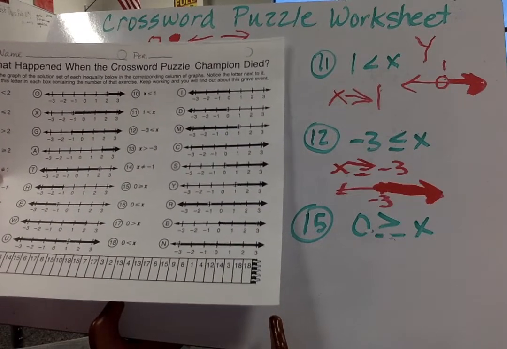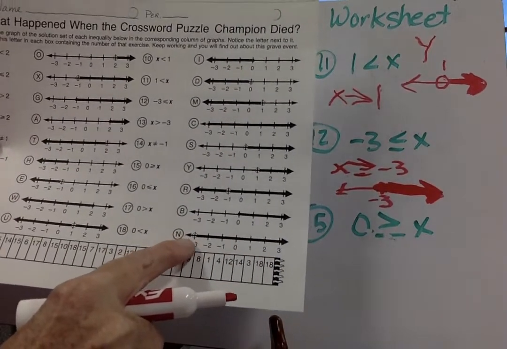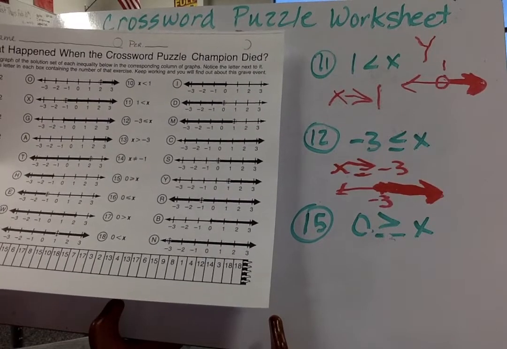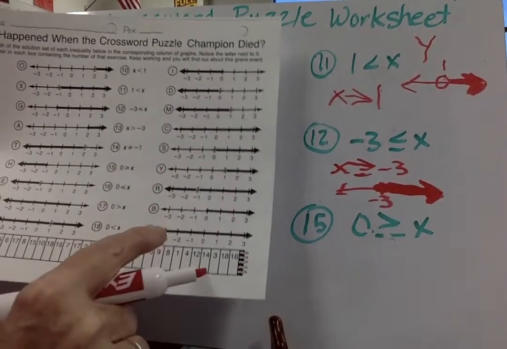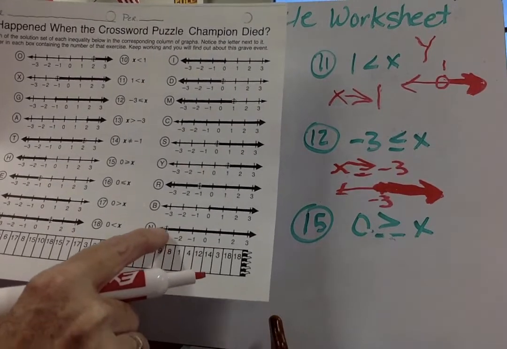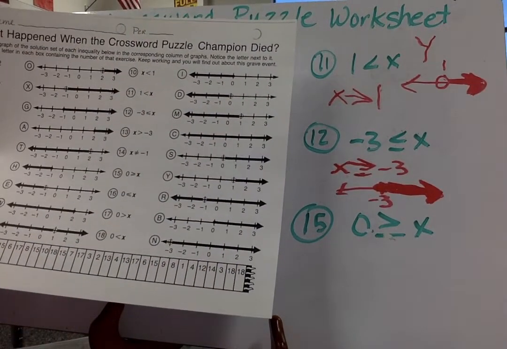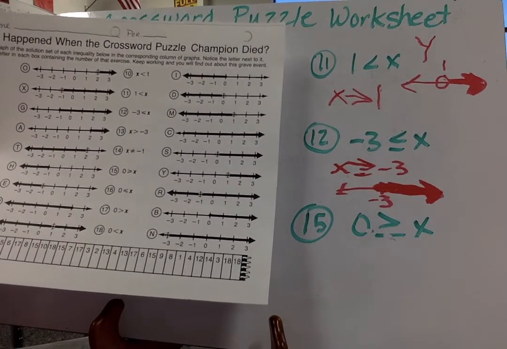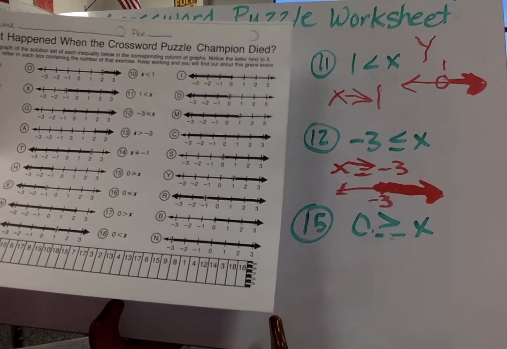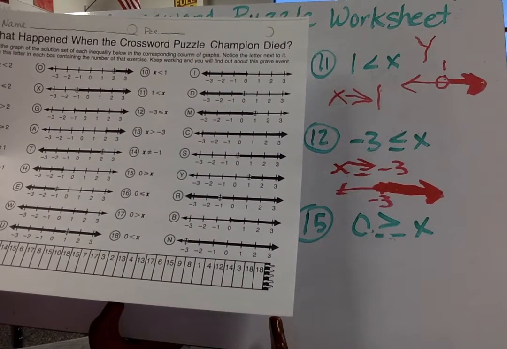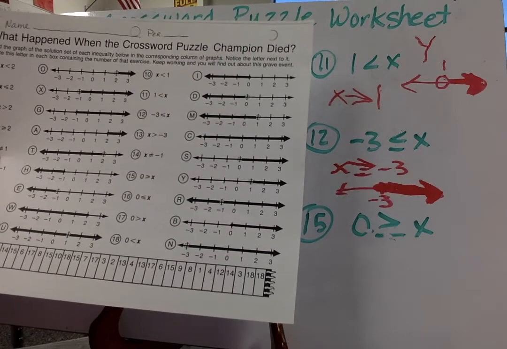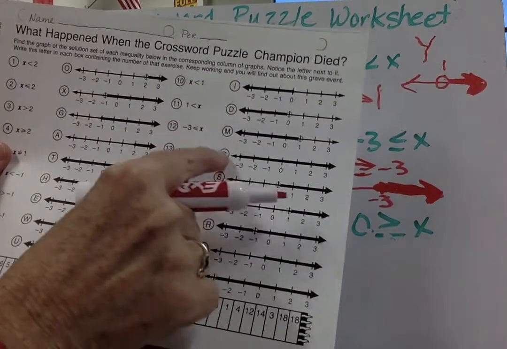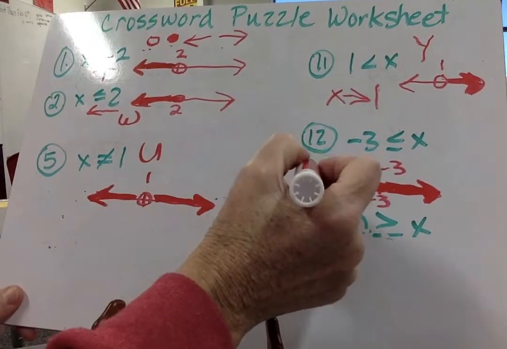Closed dot at 3. This one's close, but that's -3 anyway. That's not even close. So closed dot at -3, that one's open dot. So we need a closed dot at -3 shaded to the right. Do you guys see it there? There it is. Took me a while, but I finally found it. C. So number 12 is C.